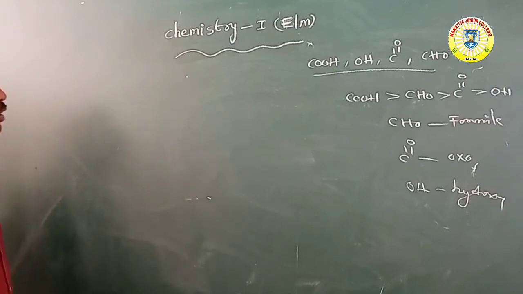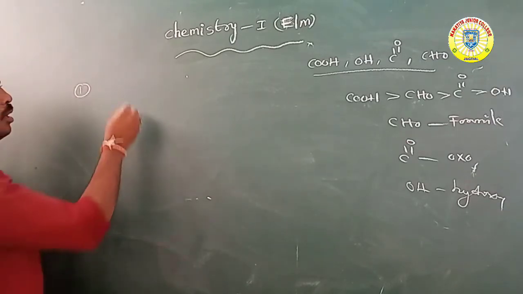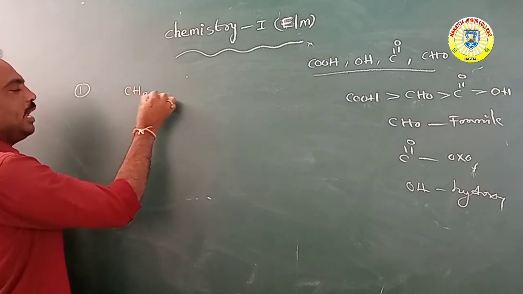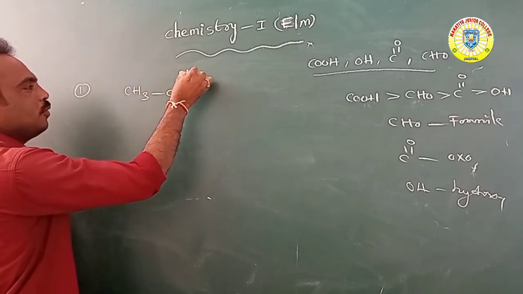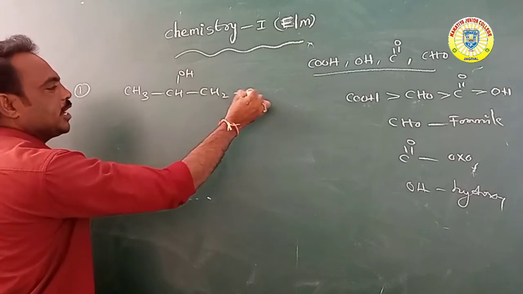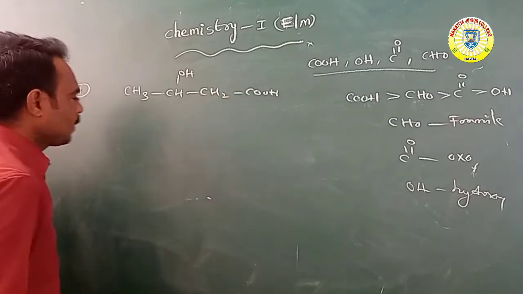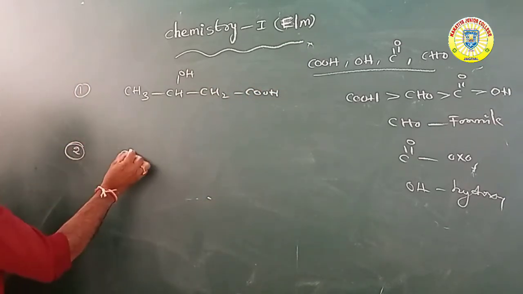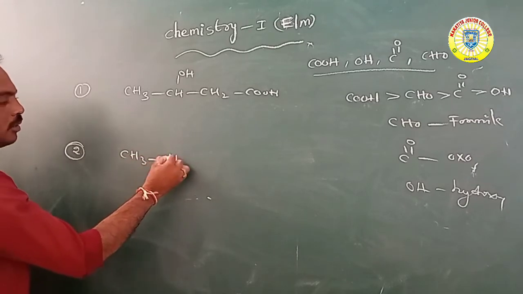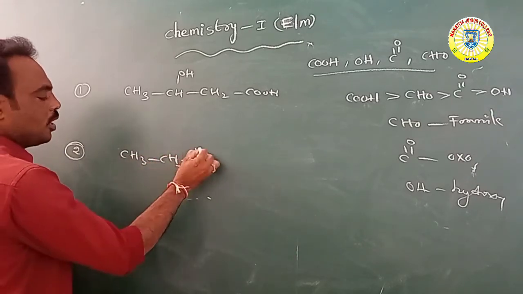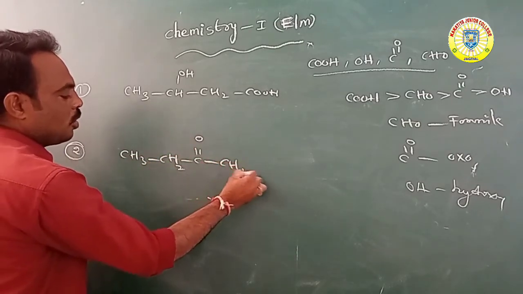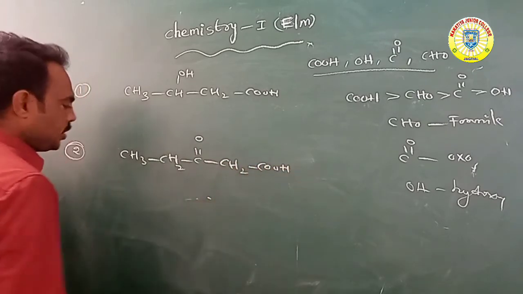Suppose we have taken some examples. The first: CH3, CH, OH, CH2, COOH. Next, the second one: CH3, CH2, C double bond O, CH2, COOH.